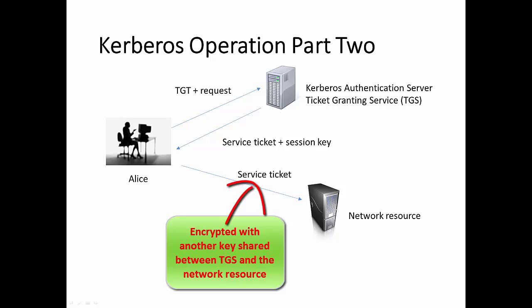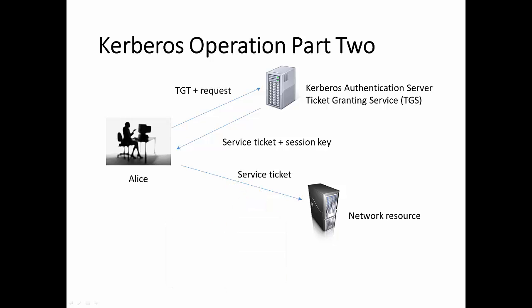So the ticket granting service and network resource share this secret key. Since the network resource knows this secret key, which was used to encrypt the service ticket, it is able to decrypt the service ticket.